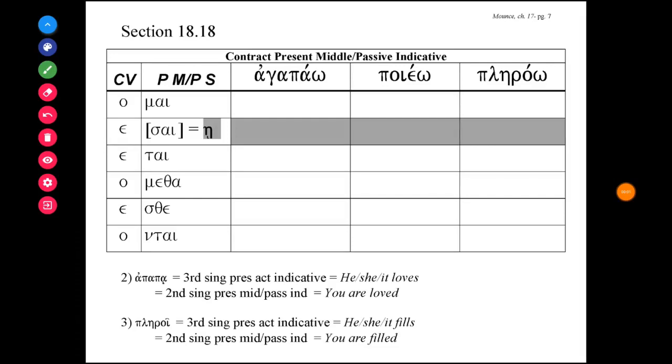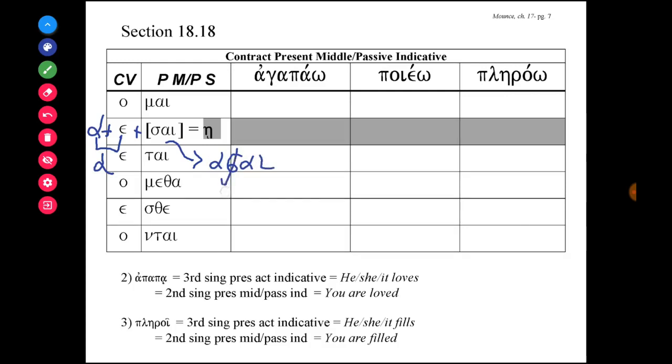Let me clear the board so I can explain thoroughly the second person singular form for agapao. When you add the alpha to the epsilon plus the sigma, the vowel contraction goes as follows, and you can see this in Mounce. When the alpha plus the epsilon becomes an alpha, this is following your big five little two rules, and so we have then these letters together.